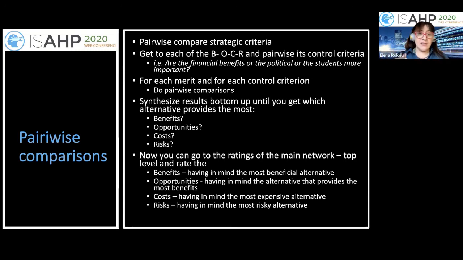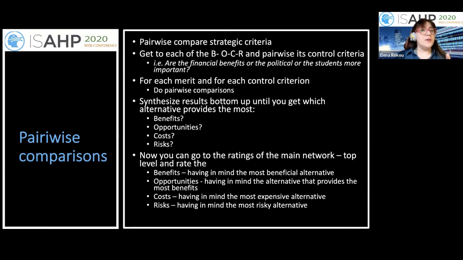Although you will be seeing in my model the word benefits, and you need to use it because it's a keyword, you will need to, at the same time, have in mind the most beneficial alternative. And for the opportunities, you will need to have in mind the alternatives that provide most opportunities. Or for cost, the most expensive.